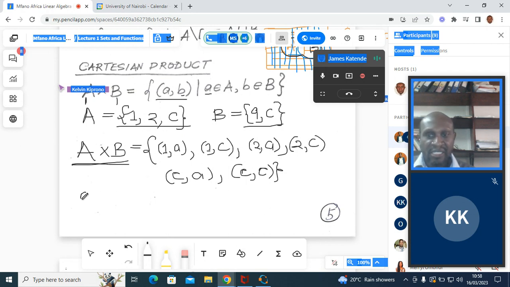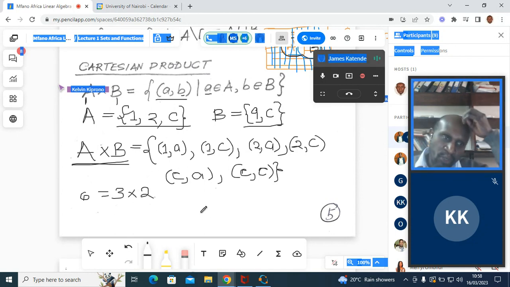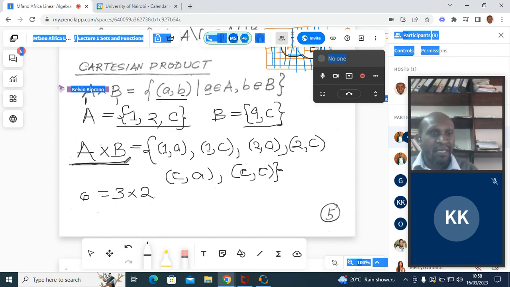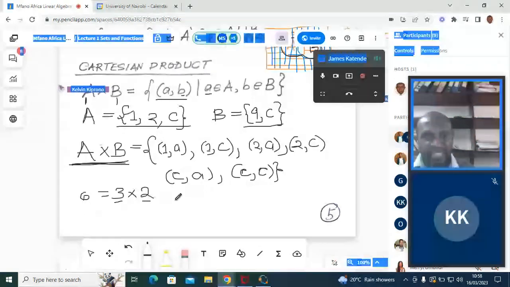And the 6 is just the product of the number of elements in A and the number of elements in B. So if you have two finite sets, it's always possible to figure out how many elements will be in the Cartesian product if you know the number of elements in each of the two sets. I hope that makes sense.